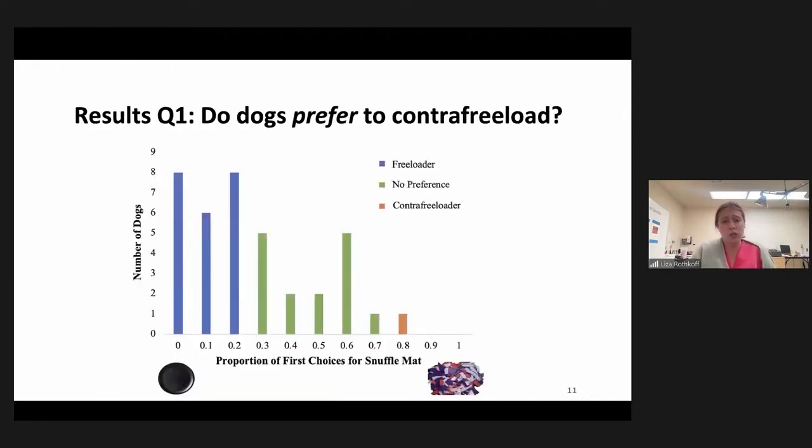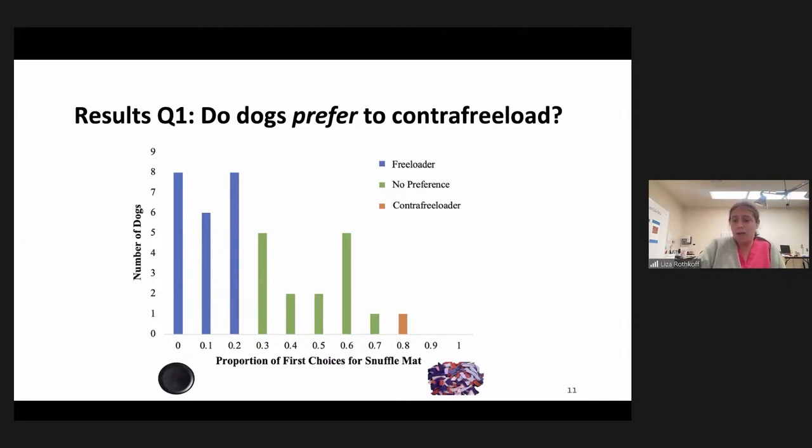To answer our first question, if dogs prefer to contra freeload, we found that dogs do not have a preference for contra freeloading. As you can see here, 0 on the x-axis is total preference for the tray, and 1 is total preference for the snuffle mat. We found that a good portion of our dogs did not have this preference, in that we would label them freeloaders.